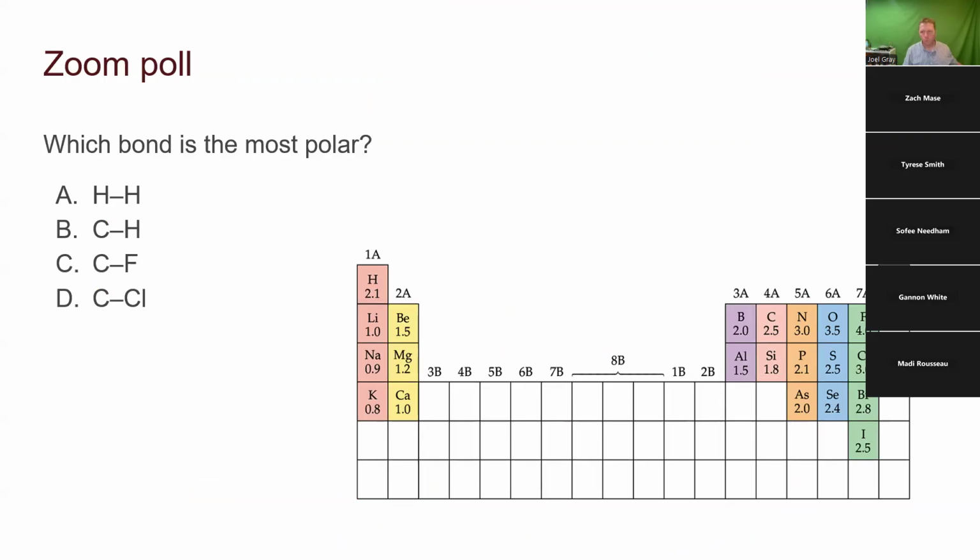And when I'm writing the exam, I'll let you know over the weekend where the stuff stopped for the exam. Okay, so which bond is the most polar? You should be answering this based on which electronegativity difference is the greatest.